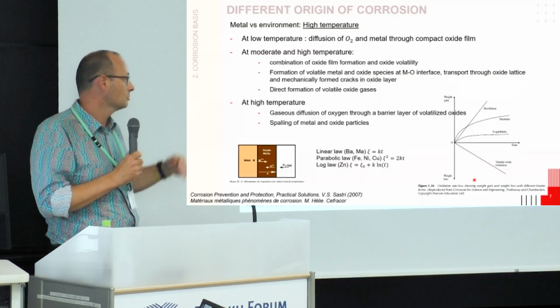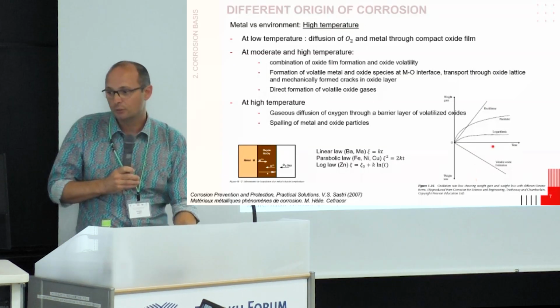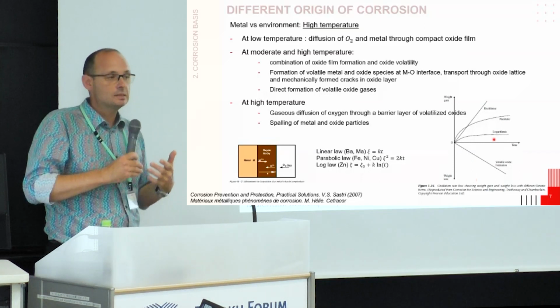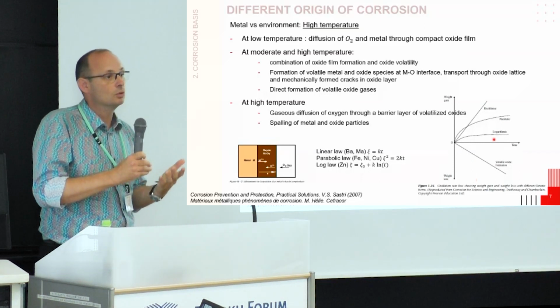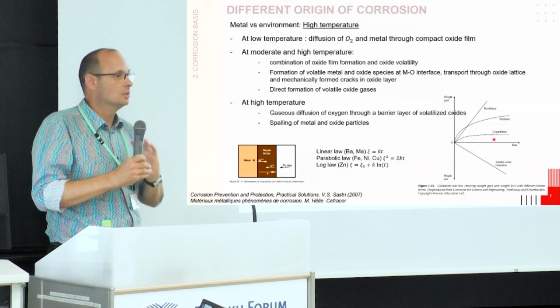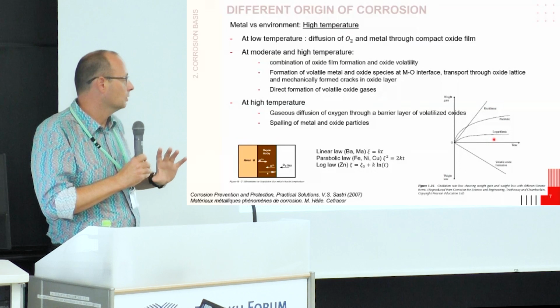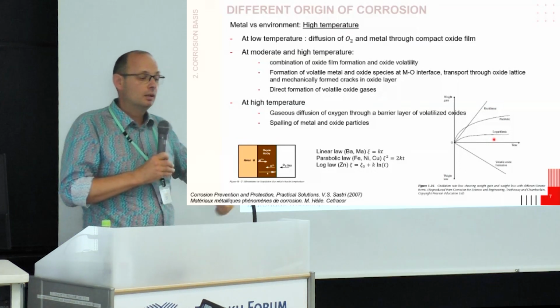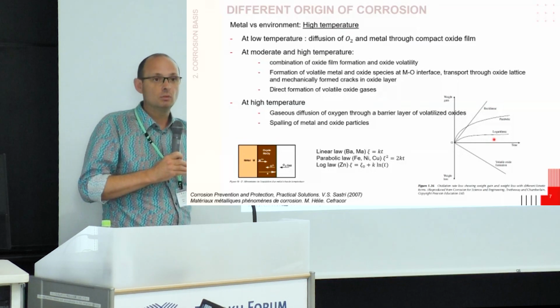And you can also have a weight gain. In this case, the oxide layer is created on the surface of the material and remains there, because the oxygen adds some weight to your material.